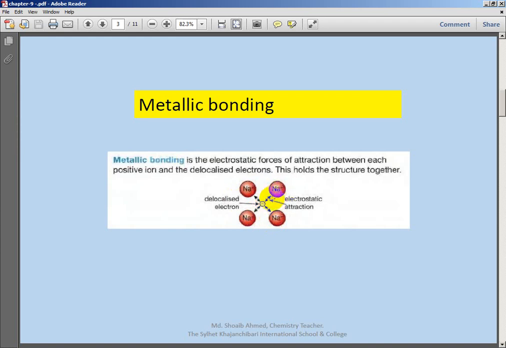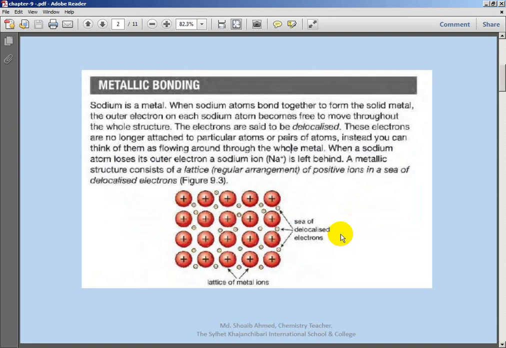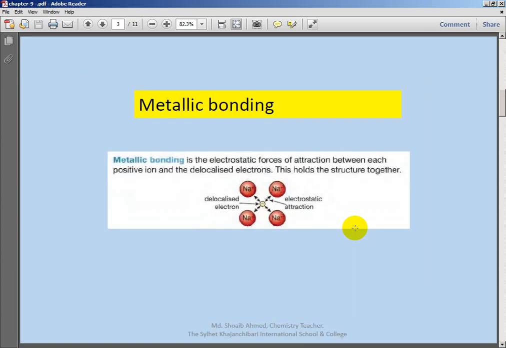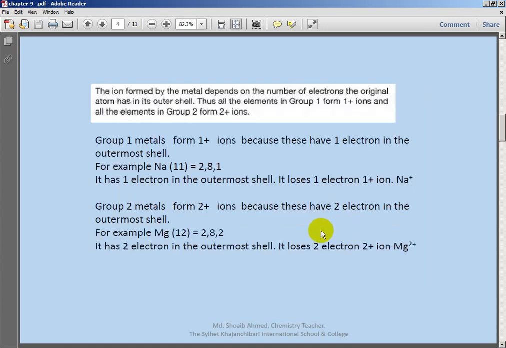This holds the structure together. Okay, say what is metallic bonding? Metallic bonding is the electrostatic forces of attraction between positive ions and delocalized electrons. Thank you, done well. Excellent. So metallic bonding is done.